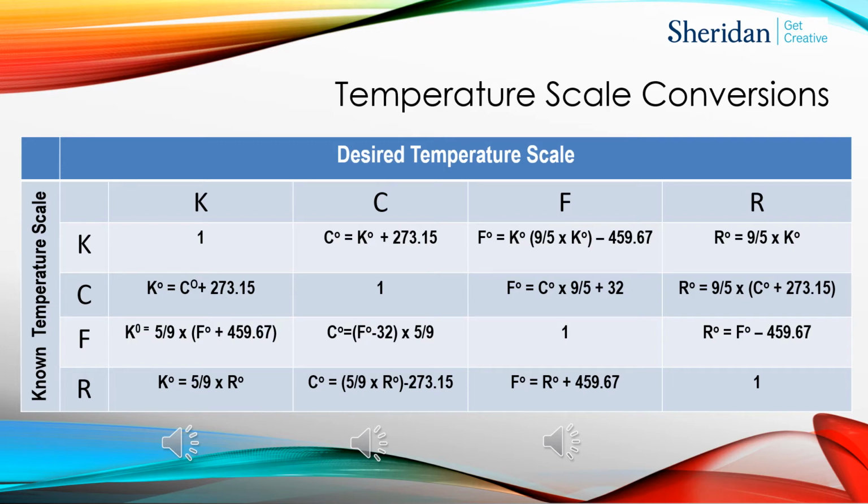Start at the C. Go along the C row until you get to the column entitled R for Rankine. The equation is degrees Rankine is equal to 9 divided by 5 times left bracket degrees Celsius plus 273.15 right bracket. Always keep in mind BEDMAS when you're doing these equations.